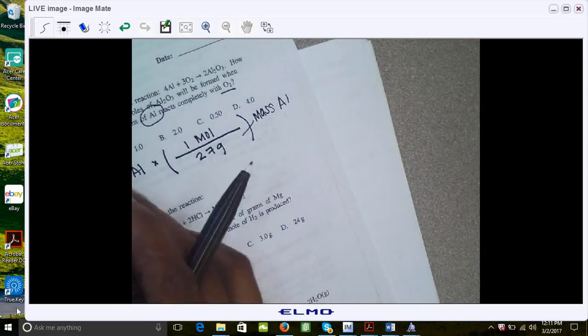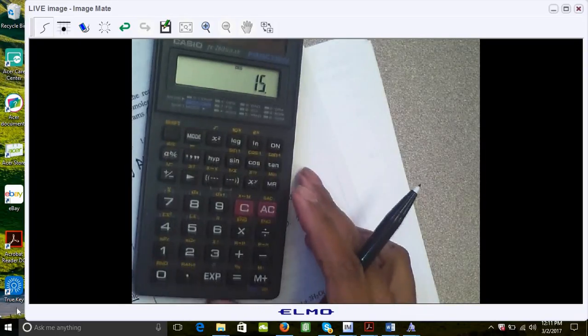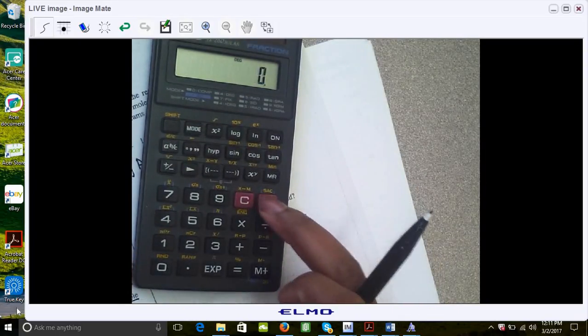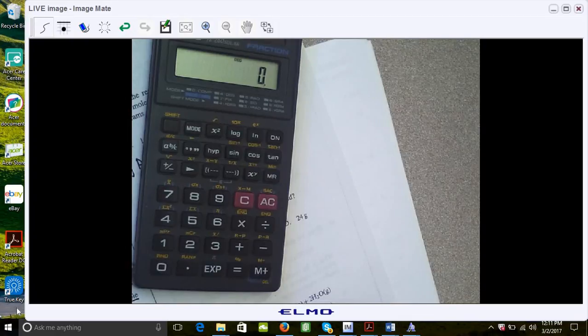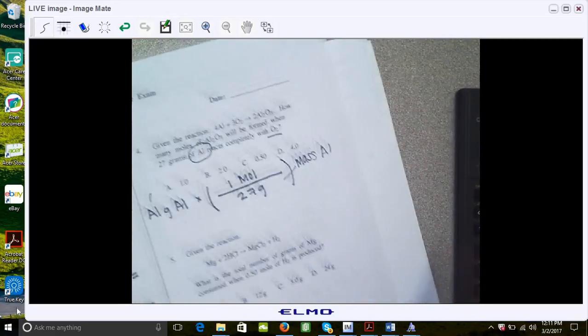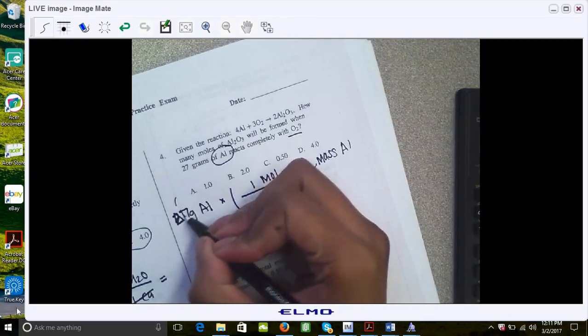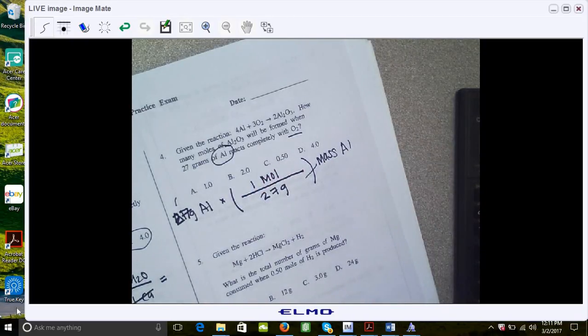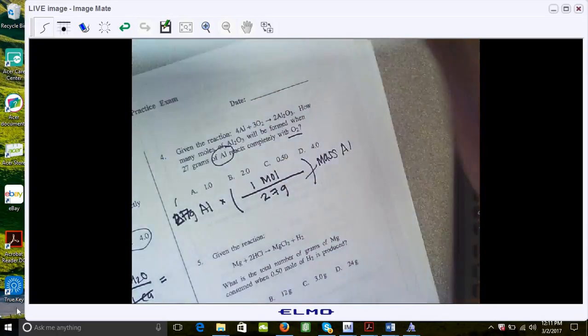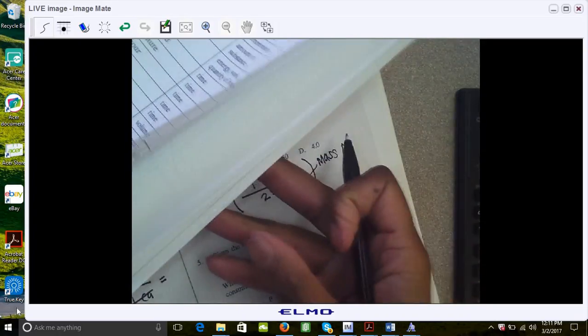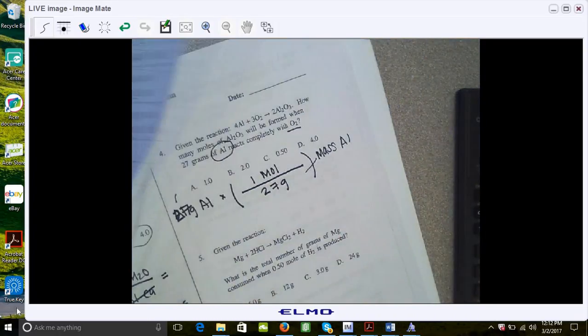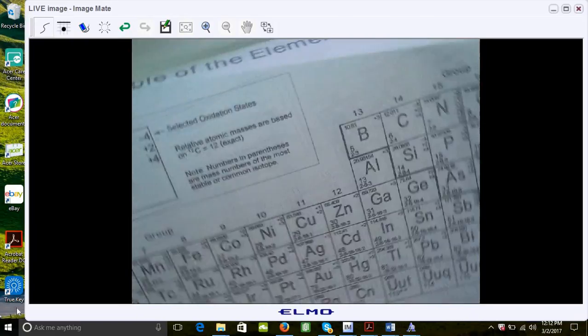Okay, take my calculator. Clear that. I'm going to divide, oh, I wrote aluminum. So sorry, guys. 27. Is that 1 to 1? Hold on. I'm just checking my mass of my aluminum. I have 27 grams.